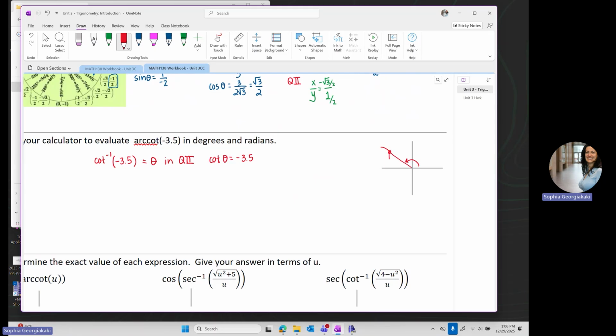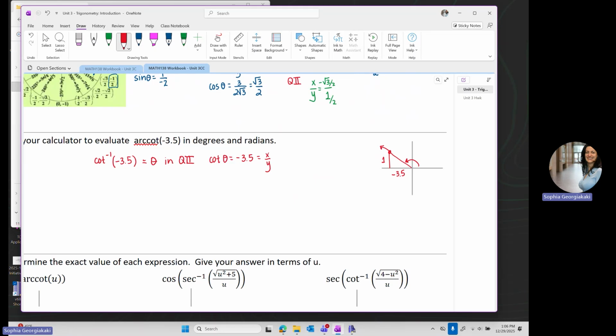And if I pick a point on its terminal side and attach it to the x-axis, I will have x over y being -3.5 over 1. Or some other fraction, obviously.